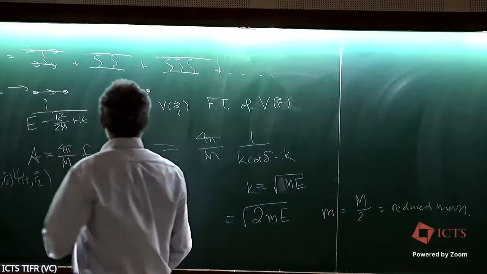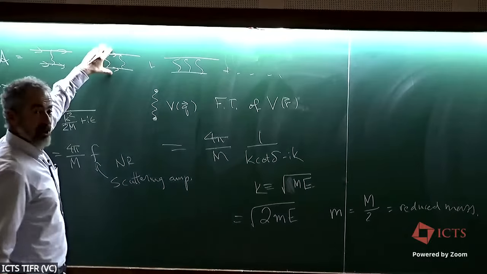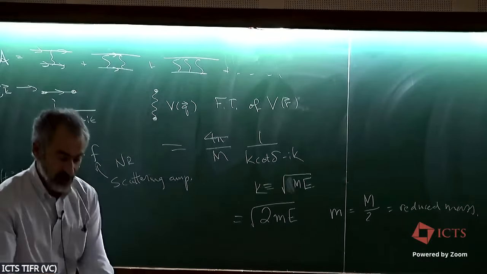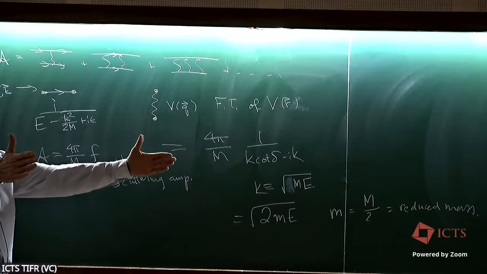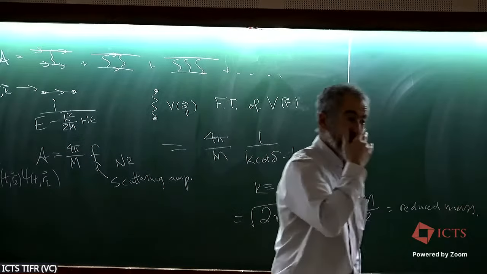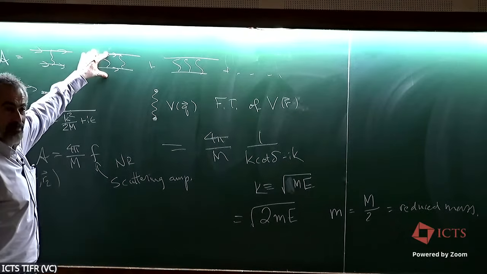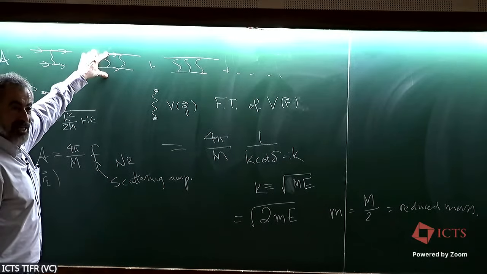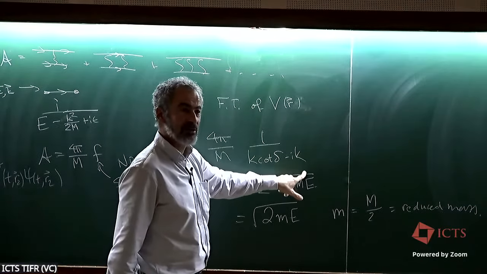Where is that here? Well, these two propagators could have been on shell because these two particles could scatter into real on-shell particles that could travel for a very long time and then recombine and scatter again. That on-shell behavior means that when you calculate this loop diagram, you're going to get a cut. And that cut is the square root of mE that comes here.